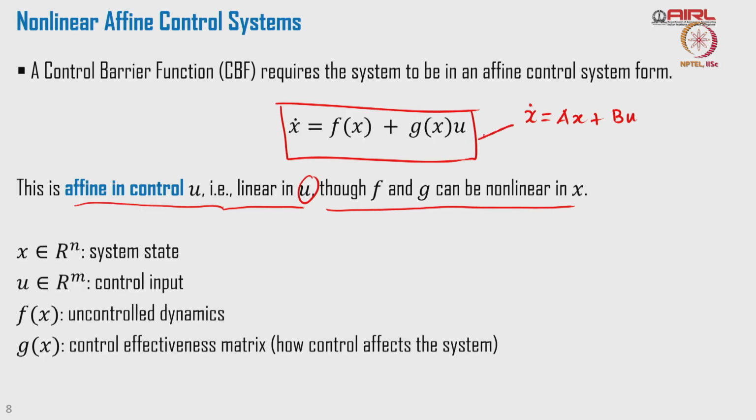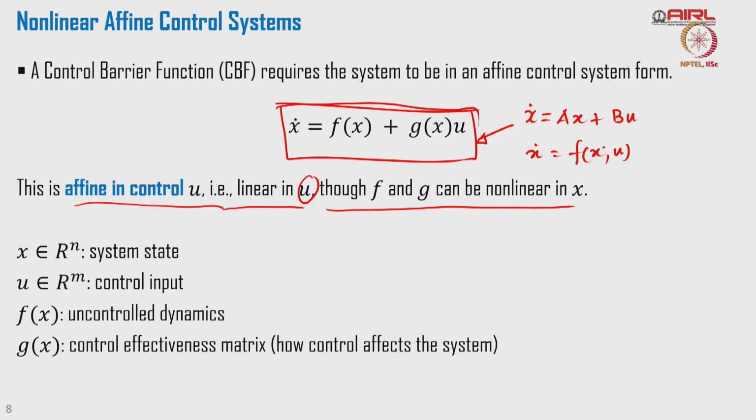When it comes to a non-linear system, we can write the system as x dot equal to f(x), or it can be a function of control input as well. But when it is an affine control system, then it should be written in this form. That means we should be able to represent the system equation in this particular form, otherwise it is not a control affine form.